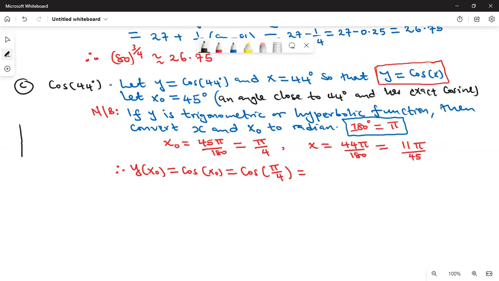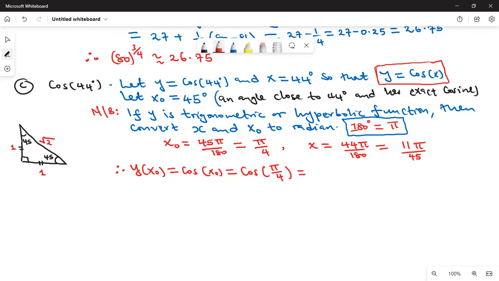I'm going to draw this triangle to illustrate how to find cos 45 degrees. A right angle triangle. If this is 90, then this must be 45, because I want this side to be equal to this side, and this angle must also be 45. If I let this be 1, this must also be 1, and when you use Pythagoras theorem, this will be root 2.